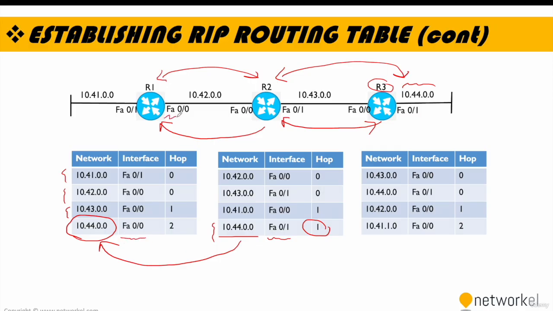It will be reachable to you by using FAST00 because you're reaching me by using FAST00, and it is 2 hops away from router 1. Okay, because since the network is 1 hop away from router 2, this is going to be 2 hops away from router 1. Okay, that is the whole logic of the RIP protocol and how the routing exchange and the routing table is being established.